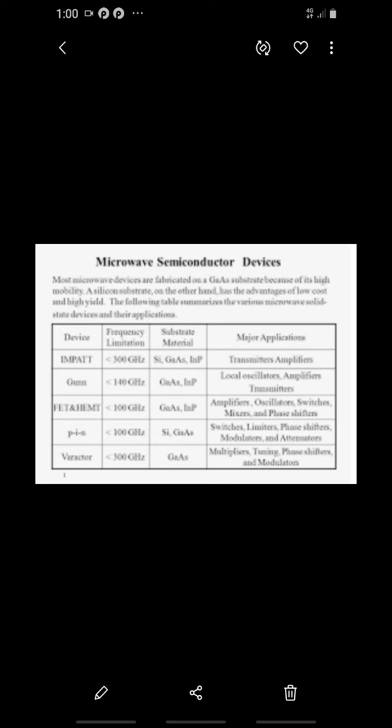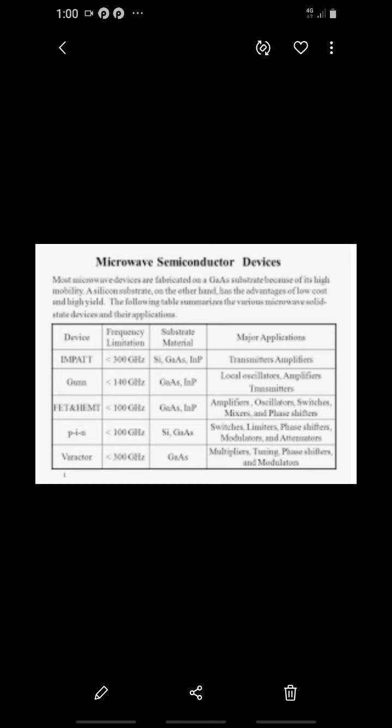Limitations of microwave tubes. Generation of microwaves requires higher anode voltages and high magnetic fields for focusing the beam. Special types of waveguides are required for guiding the waves.